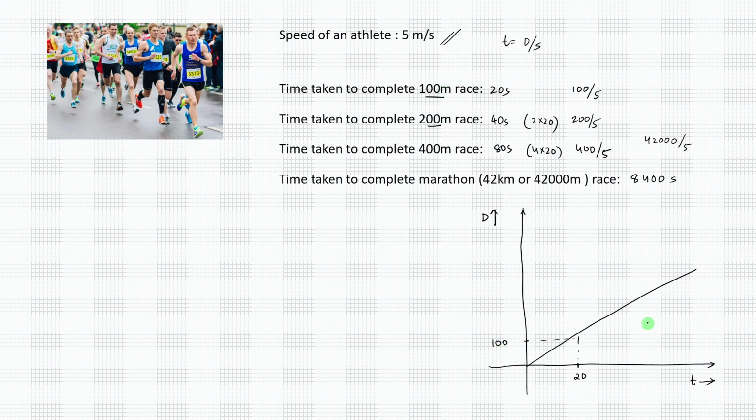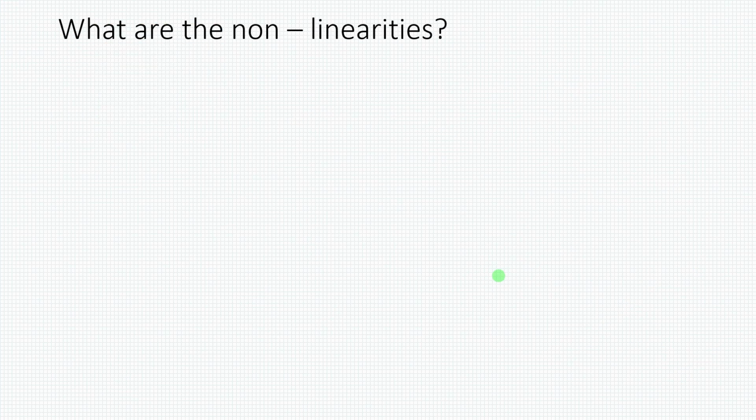And for 40 seconds, that is double the time, I can clearly see that the athlete would have completed 200 meters, right? For 80 seconds, the athlete would have easily completed 400 meters. Now this is in a linear world, right? This is in a linear world.